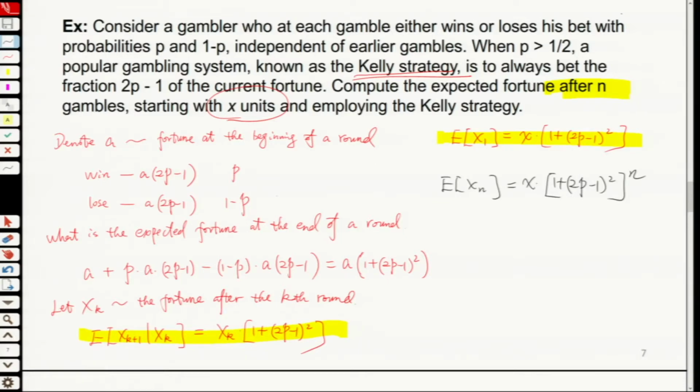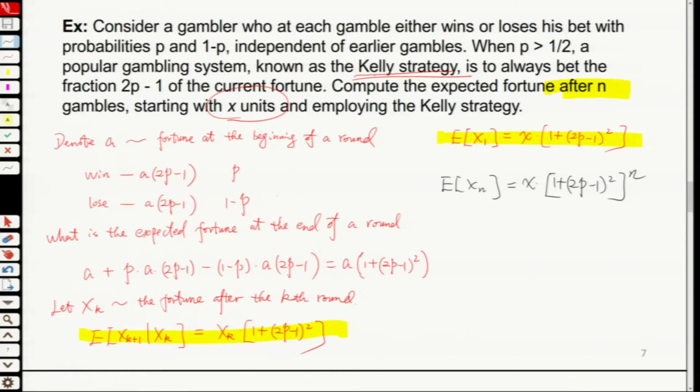So now let's have a look at the Kelly strategy. So this is gambling. So this is a gambler.